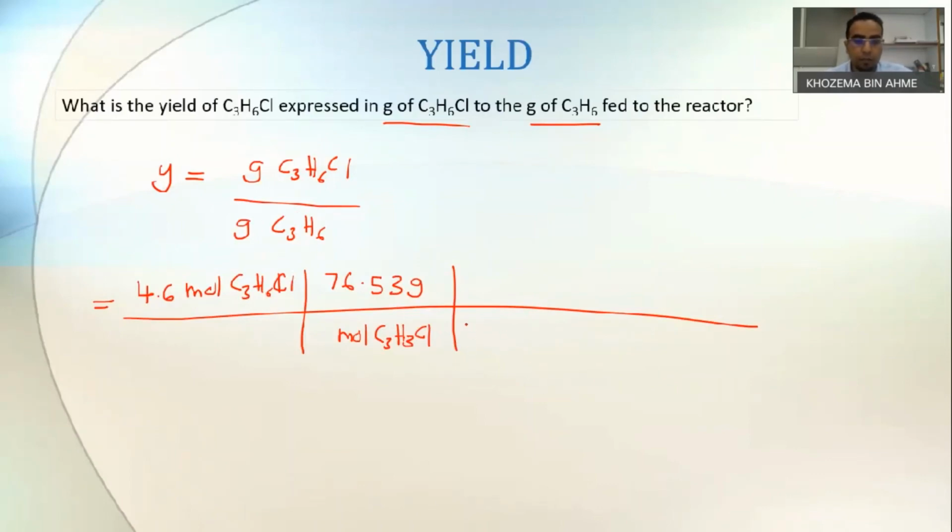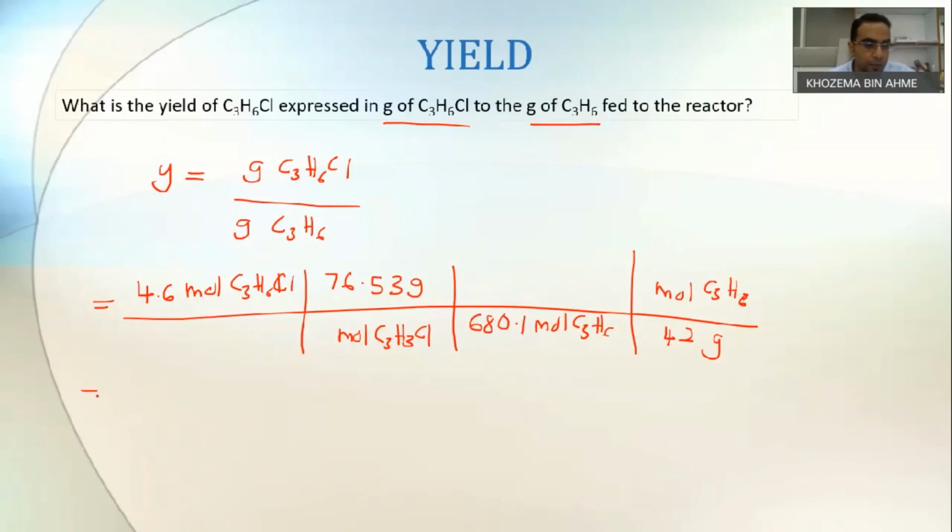The total mole of propane fed to the reactor is 680.1 mole, and the molecular weight of propane is 42 gram per mole propane.